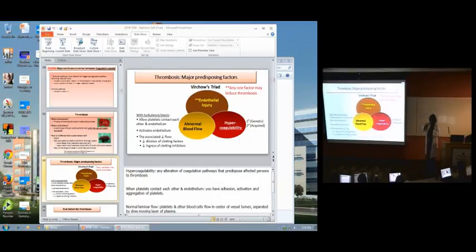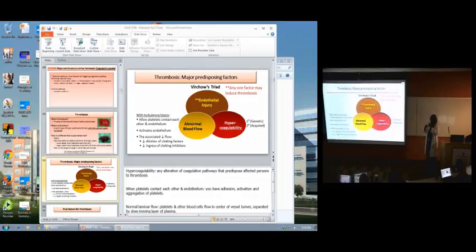On the periphery, still within the flow, that's where you have the plasma, the liquid. So the solid part is in the center, and the liquid is all around it. This plasma keeps the platelets and the red blood cells from getting in contact with the endothelium. And so you have that normal thing.